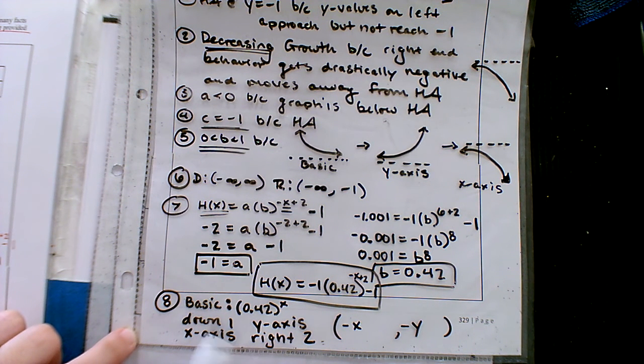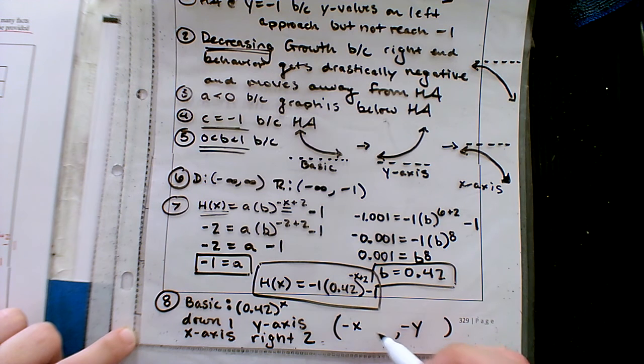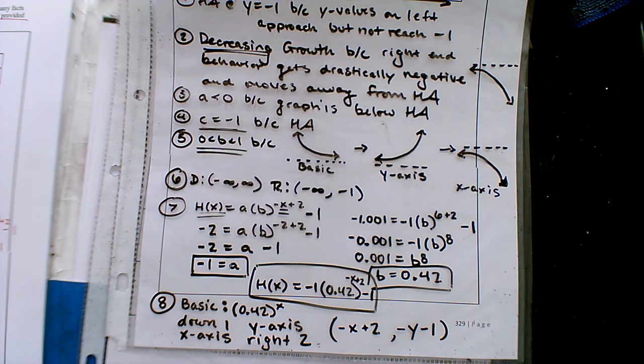All right, what about the right and down movements? You want to keep going, Lainey? Add 2 to the x. Okay. Subtract 1 from the y. Looks good. Okay, I would say that's pretty thorough and complete with basically everything we've gone over so far in this exponential unit.